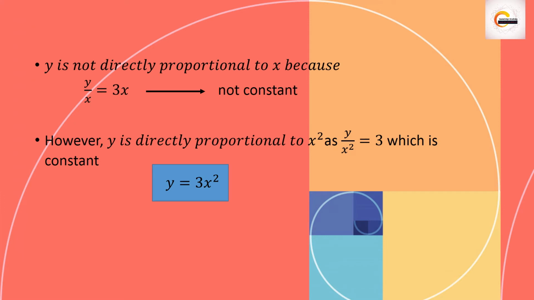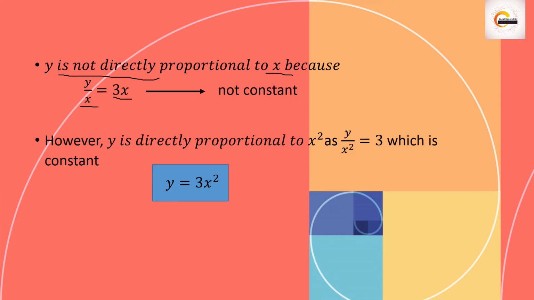So again, we can say y is not directly proportional to x. Why? Because y upon x is equal to 3x. That means there is a variable in the value of the constant, and when the variable comes, that means it's not constant.